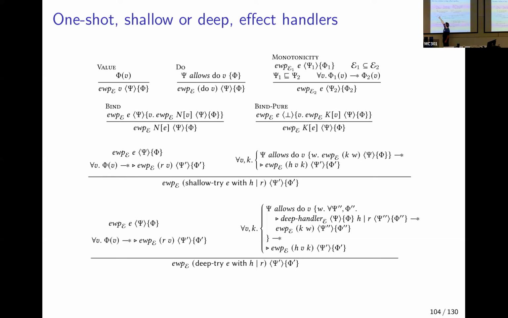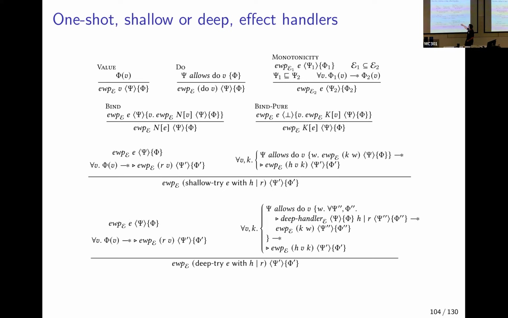If you can prove that E has some post condition phi with the protocol psi, then for every value it returns, you'll end up in the branch of R. So you know that R of V should be valid in some post condition phi prime if you give it a value that satisfies the normal post condition of E.